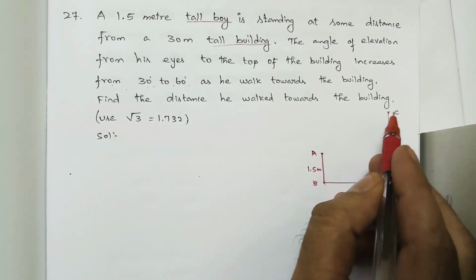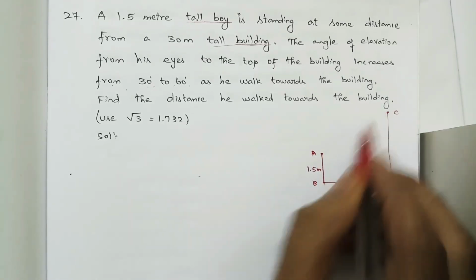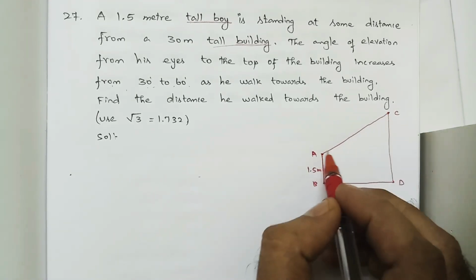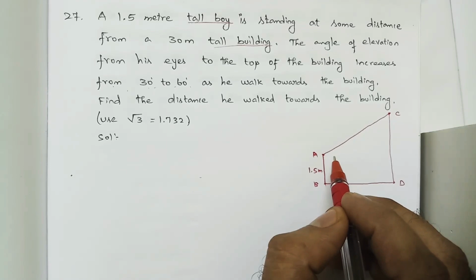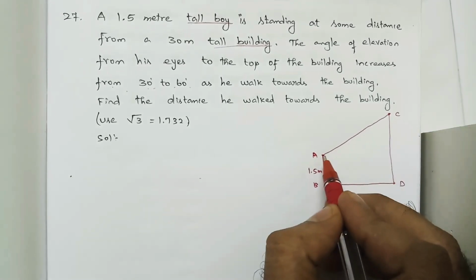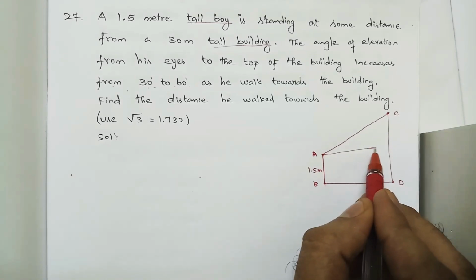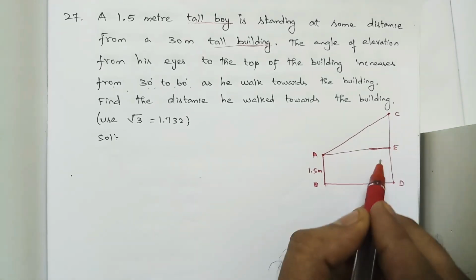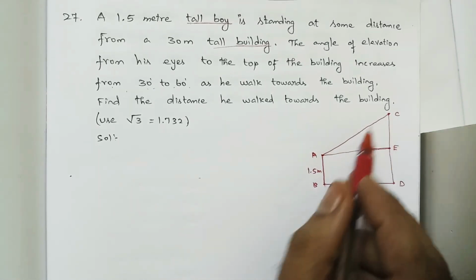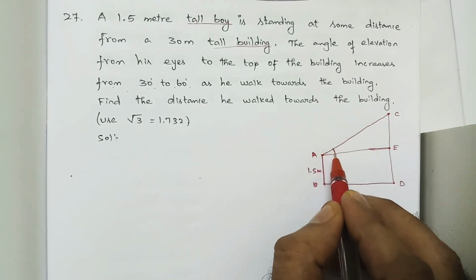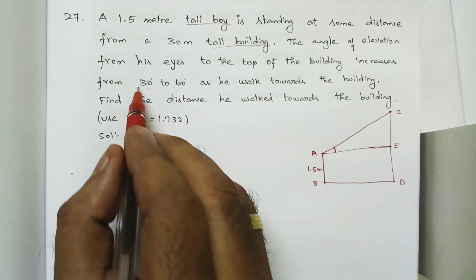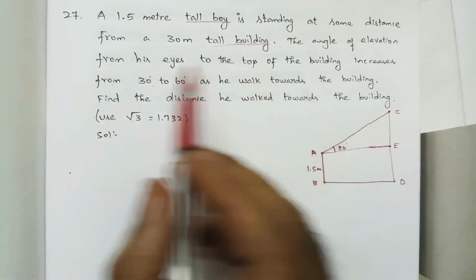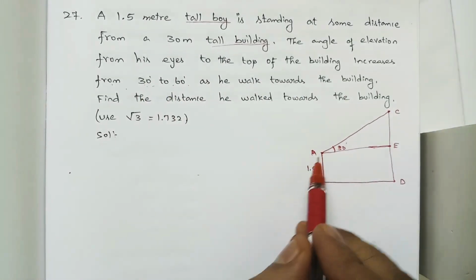First we draw the line of sight from A to C. For the angle of elevation, the angle always lies between the line of sight and the horizontal line, so I draw the horizontal line from his eyes and name the point E. AE is horizontal and AC is the line of sight. The angle of elevation is first 30 degrees, then as he walks towards the building it increases to 60 degrees.